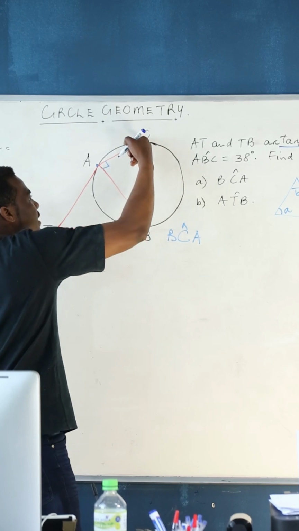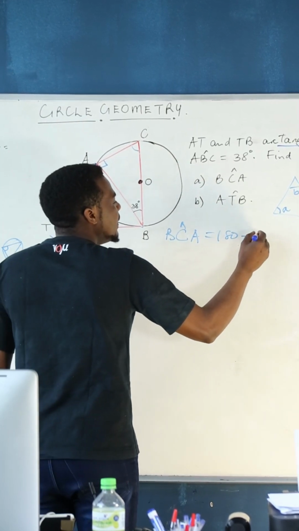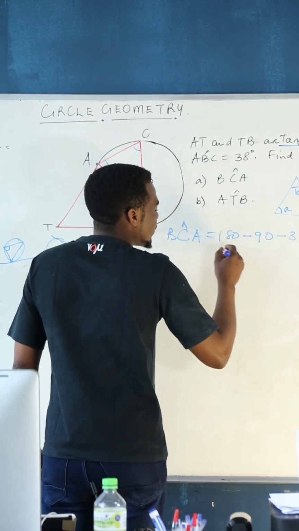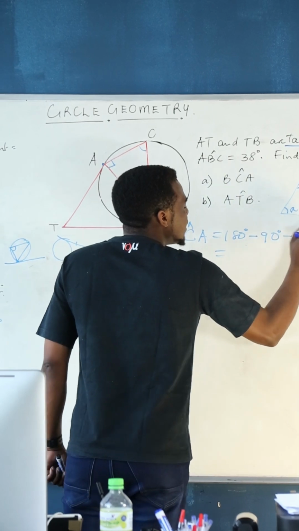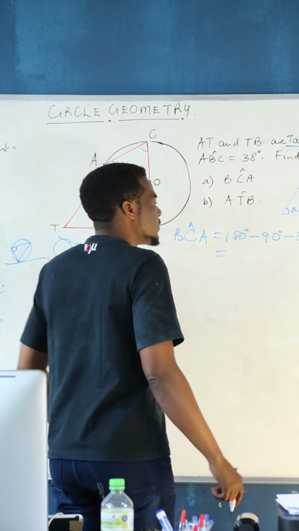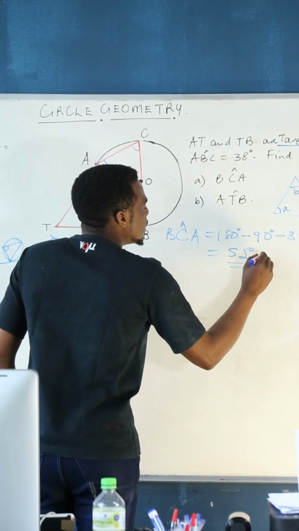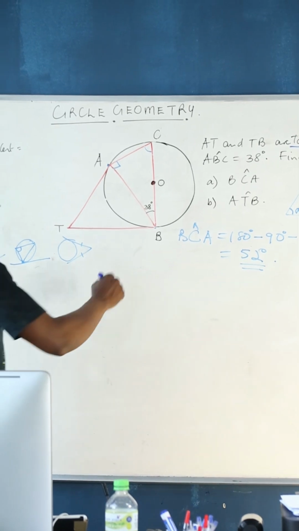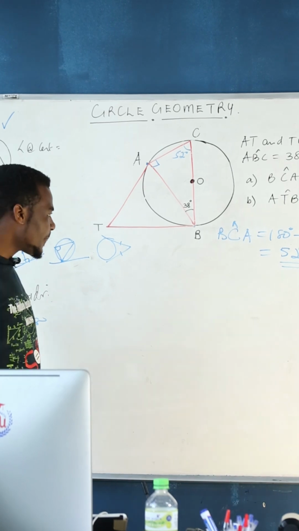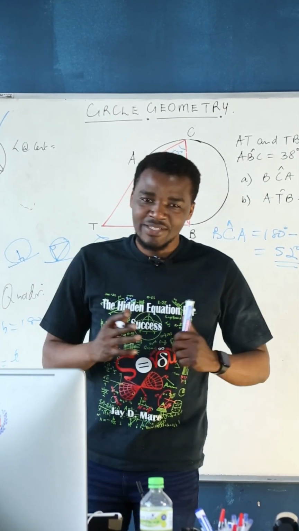We know that angles in a triangle add up to 180, so it's going to be 180 minus 90 minus 38. And what do we get? 180 degrees minus 90 degrees, you get 90 degrees. 90 degrees minus 38, you get 52 degrees. So yes, this angle is 52 degrees. Okay, so that's all as far as the center is concerned.